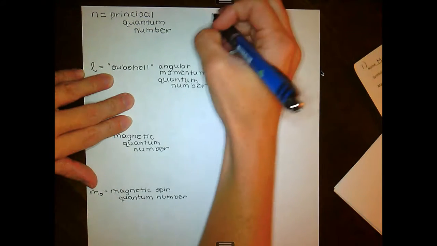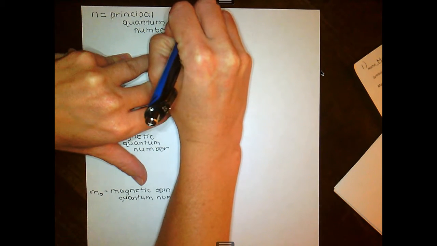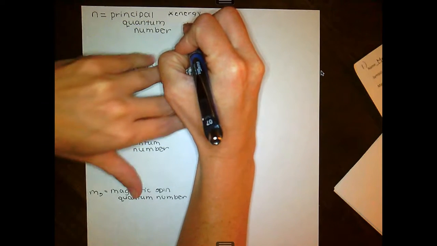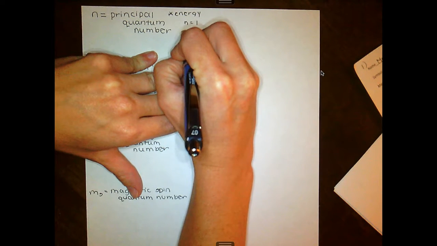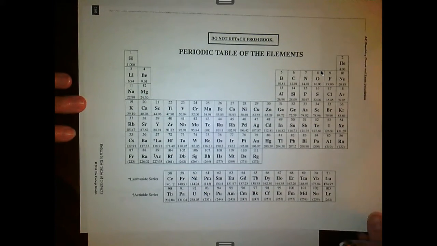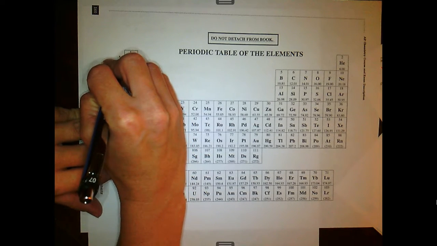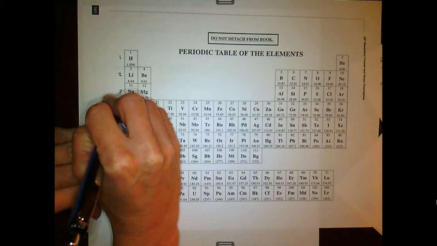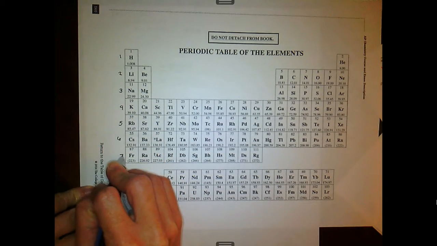This is definitely the easiest one to think about because the higher your value of n, the more energy it has. So, for example, something that has a principal quantum number of 1 has less energy than something that has a principal quantum number of 5. If you're looking at your periodic table, these correspond to those periods, those rows that we talked about yesterday. So this is period 1, period 2, period 3, period 4, period 5, 6, and 7.